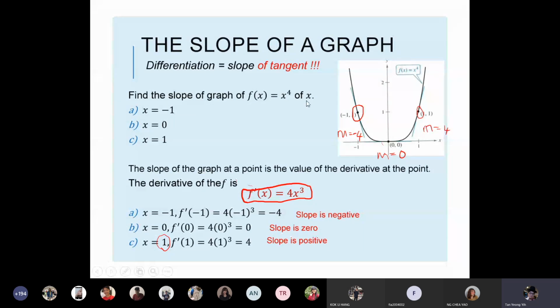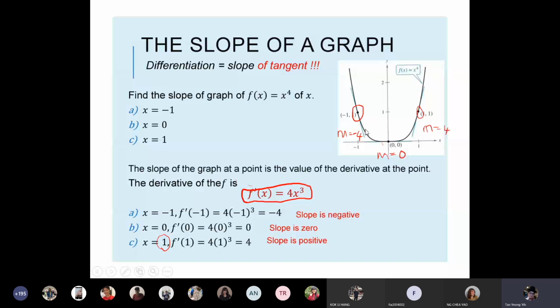Okay, any question here, students? So I give you a conclusion for this line. Now, the tangent line is the straight line that touches the curve at a given point.